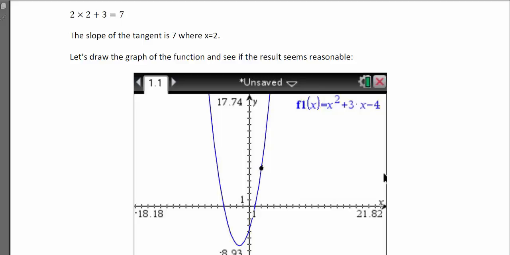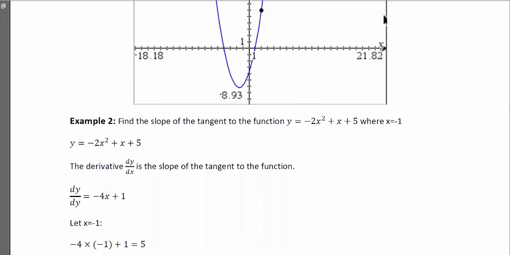Here, if you try to draw a tangent to the curve of the function, it's going to be very steep like this, going uphill. So the slope is going to be 7. That's the slope of this tangent at this point where x is equal to 2. That's basically what it means.